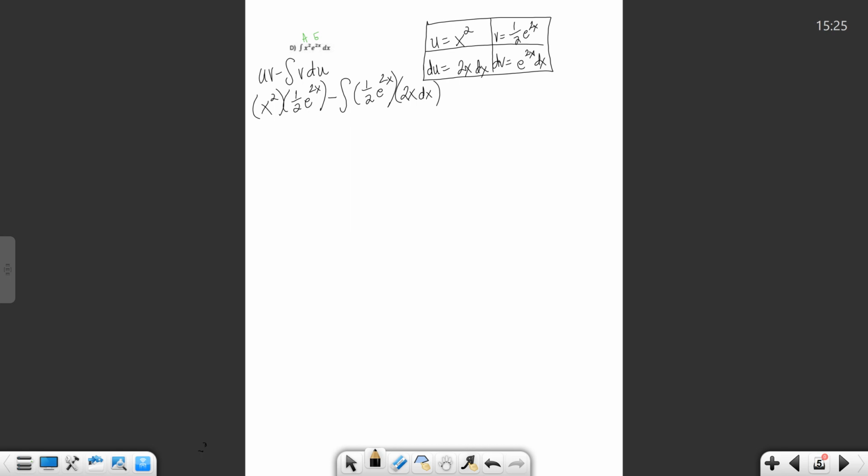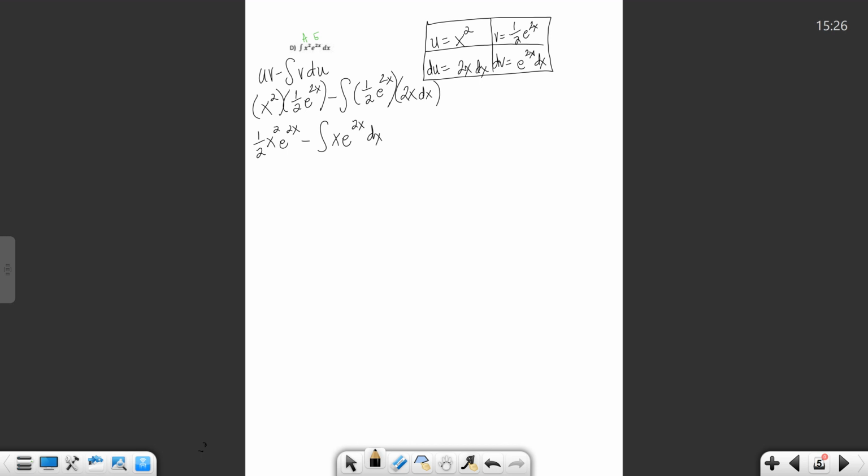Okay. All right, so multiplying that, I get 1/2 x squared e to the 2x minus, so when I'm multiplying the inside, that 1/2 times the 2, they're going to cancel, and I just get the integral of x e to the 2x dx.